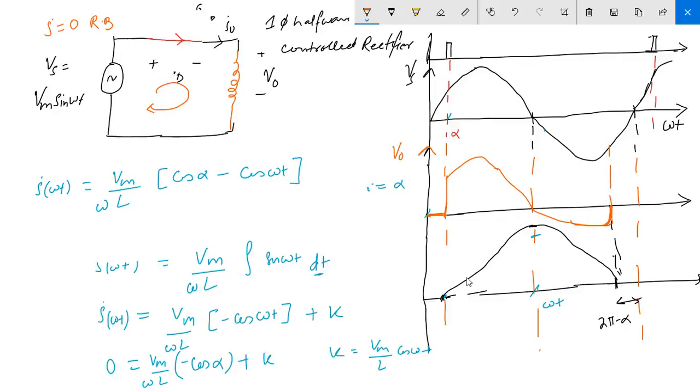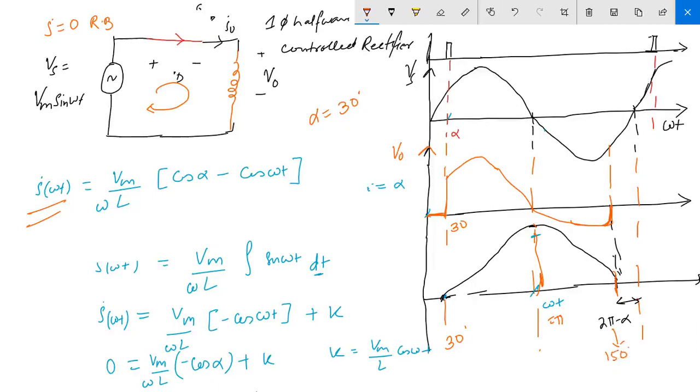Okay, let us explain the diagram again. Suppose I of omega t, and suppose alpha is equal to 30 degree. It starts from 30 degree, increases, reaches the peak value at omega t equal to pi, but it again goes to 0 at 150 degree.